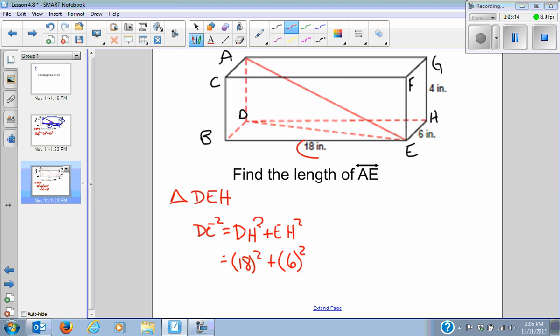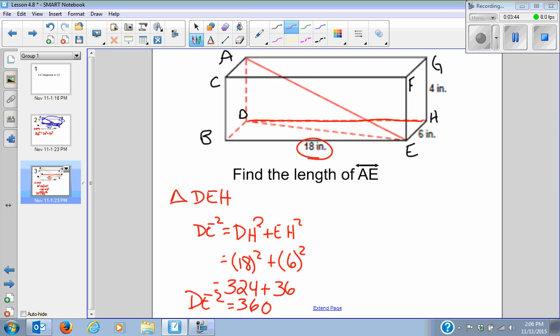Again, since this is 18, I know that DH also has to be 18. So I pop that in my calculator, I square those numbers, and when I square 18, I get 324. And when I square 6, I get 36. And when I add those together, I get that equals 360. Now, the problem with that is DE squared.